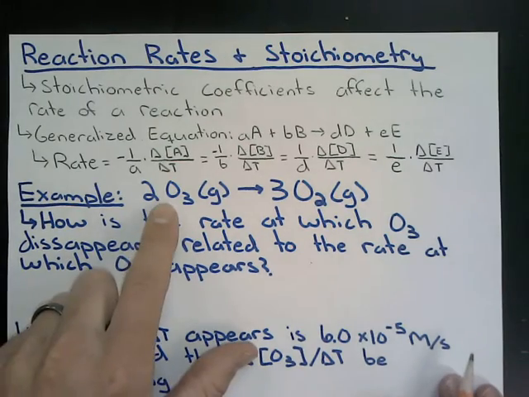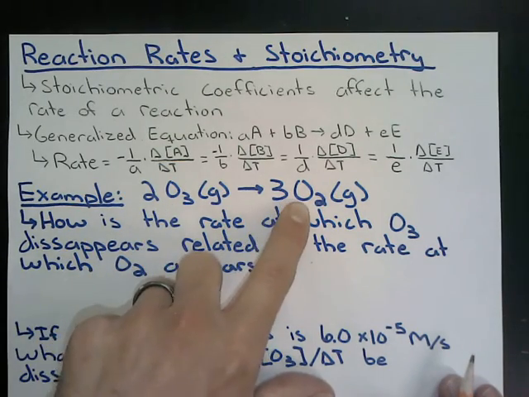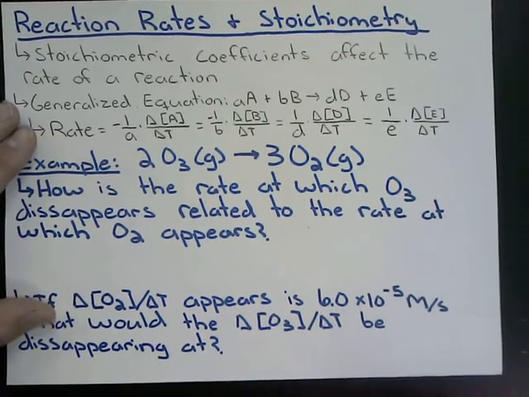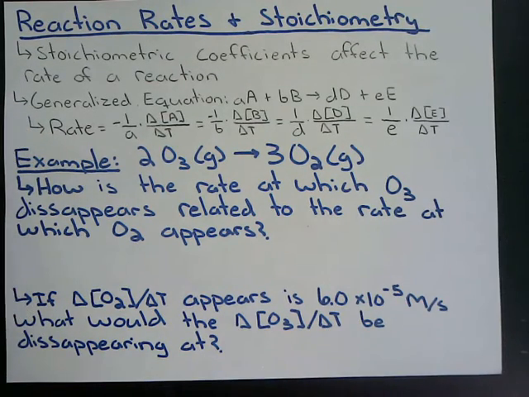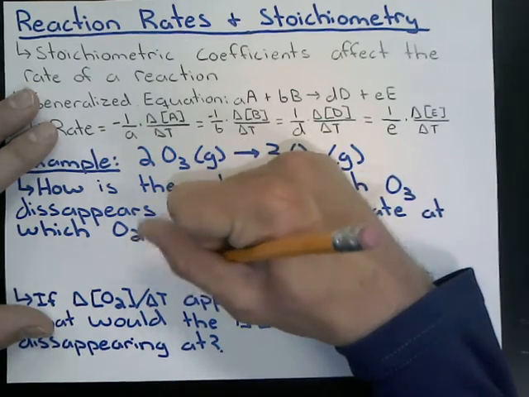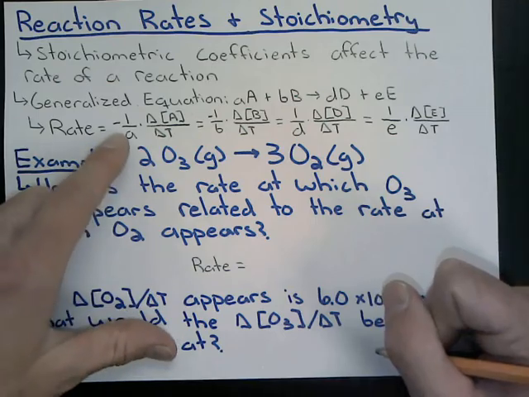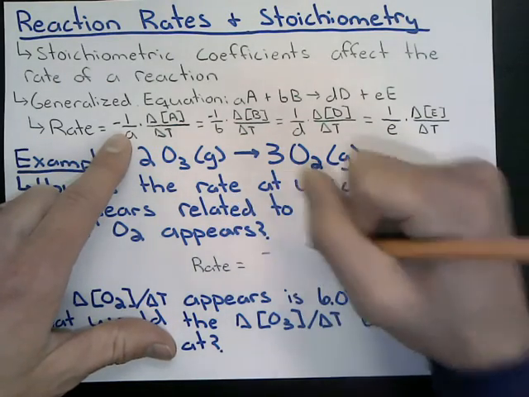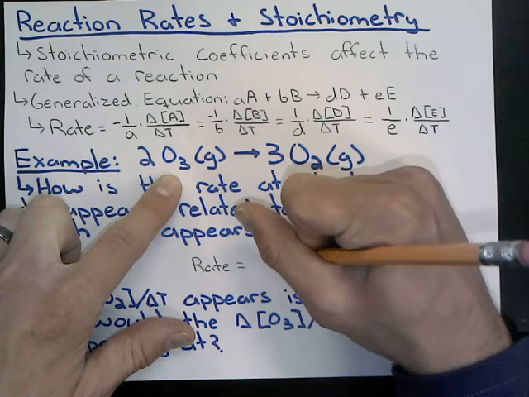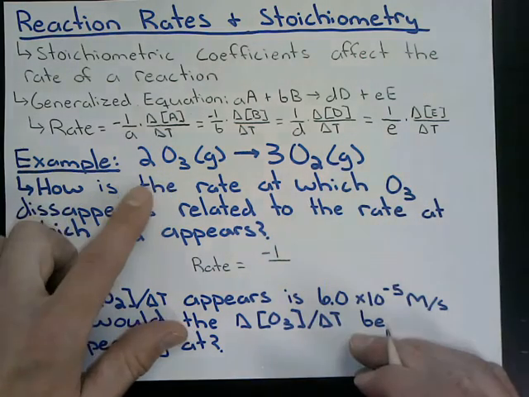So we have ozone producing oxygen in this equation. And we want to know, how is the rate at which ozone is disappearing related to the rate at which O2 is appearing? Well, the rate of the reaction can be thought of as this. The rate is going to be equal to negative, because O3 is disappearing, 1 over the stoichiometric coefficient.